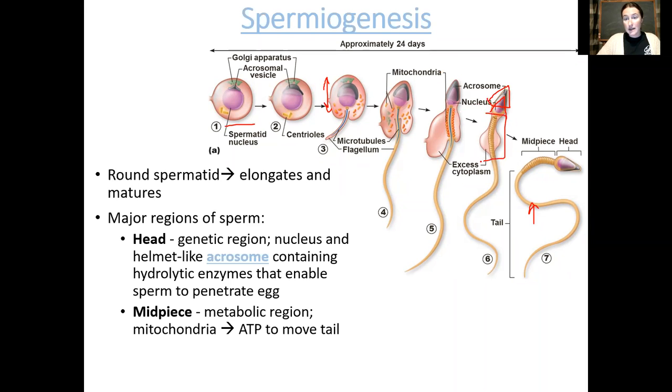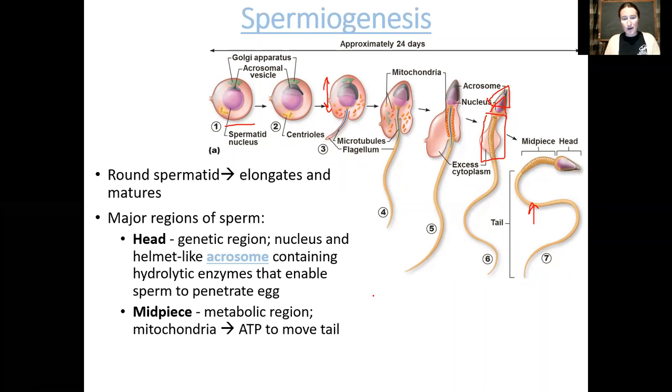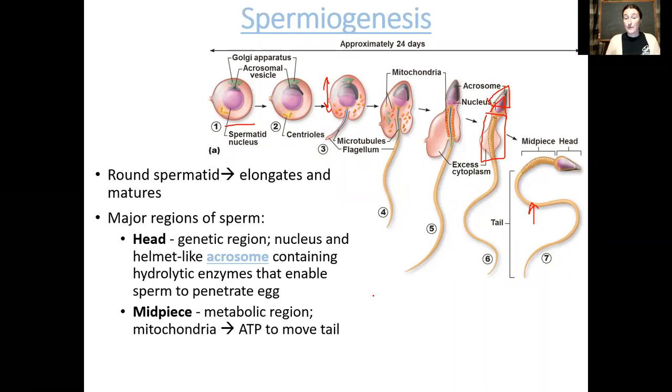Okay, the mid piece, right? So this here is the mid piece itself. It's pretty much a bunch of mitochondria all packed together. And the reason for this is that the life of a sperm is up to 5 days after ejaculation. And so there's no time for the sperm to look for food, right?